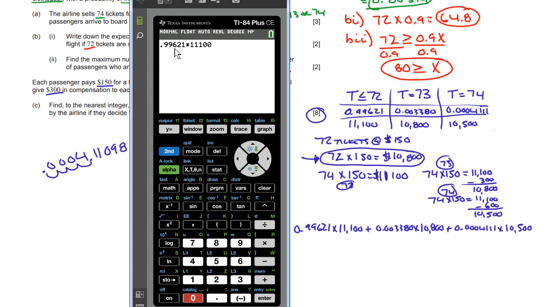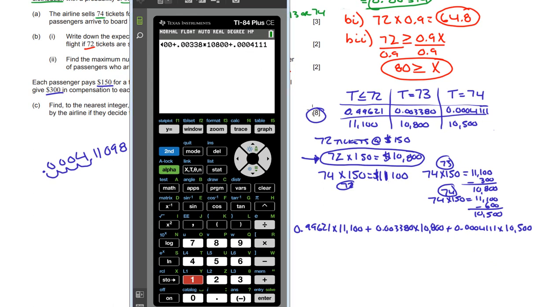Right, and double check, let's just put it all in and then we'll double check, plus 0.003380, don't have to put the extra 0 on there, times 10,800, right, plus 0.0004111, not 4 but 3 zeros, and then a 4111.